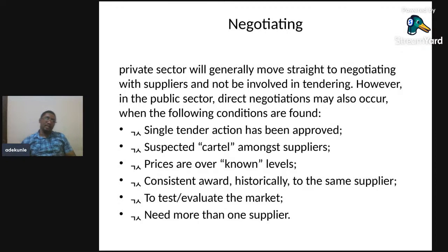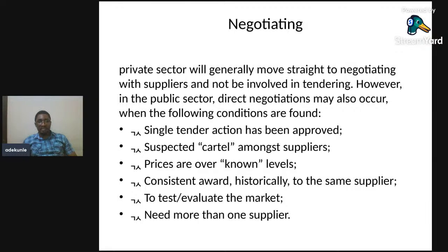Normally, if you look at, especially in Nigeria as a case study, the Bureau of Public Procurement Act, it's not a thing that you negotiate one on one. It's a thing that you do a tender for. But sometimes a public organization might go into direct negotiation when the following conditions are found: one, single tender action has been approved; suspected cartel among suppliers; prices are overknown; consistent award historically to the supplier.